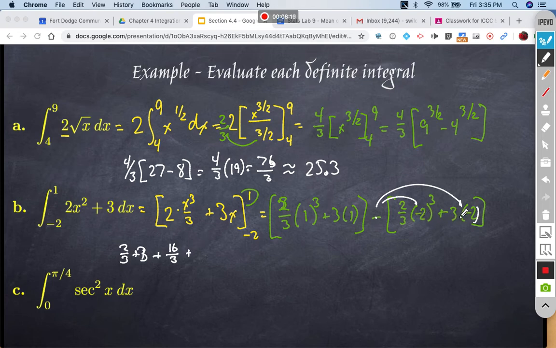So we get plus 6. So that's going to give me what? 3 plus 6 is 9. 2 and 16 is 18 over 3, which is 6. So we get an answer of 15.